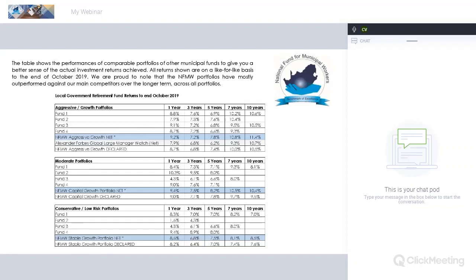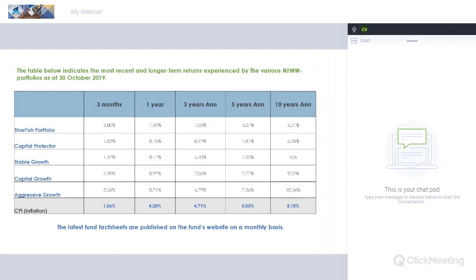I would like to draw your attention to this slide and note that the NFMW Aggressive Growth Portfolio, for example, has outperformed all other local government funds, or one of the major ones that can be considered their competitors, over the last 5 years, 7 years, and 10 years, and also over the last 1 year. Very good performances are also coming from the Capital Growth Portfolio and the Stable Growth Portfolio.